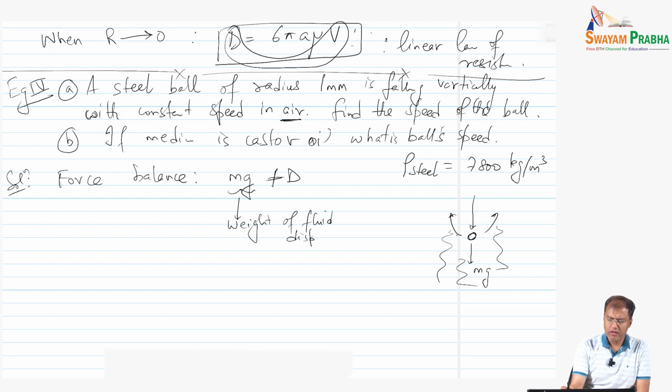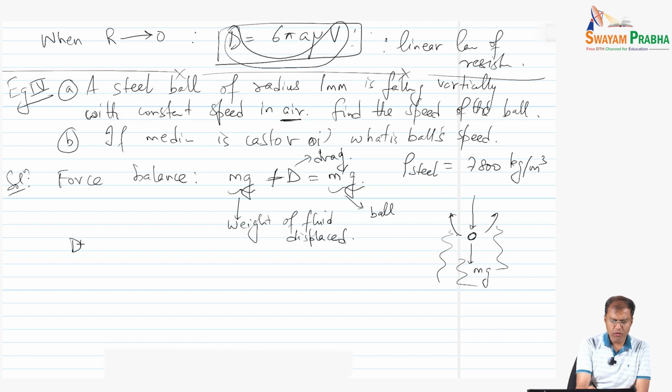This is due to buoyancy. This is going to be equal to m prime g, which is the weight of the ball, and this is my drag force on the ball.